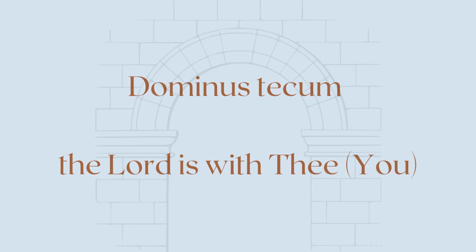So cum is found in the vocabulary list for this lesson, and it's a preposition meaning with. So te is the ablative form of the pronoun thee, and it means you or thee, and it's added to cum to make one word, tecum. Dominus tecum, the Lord is with thee.